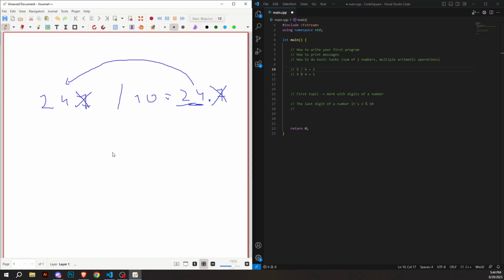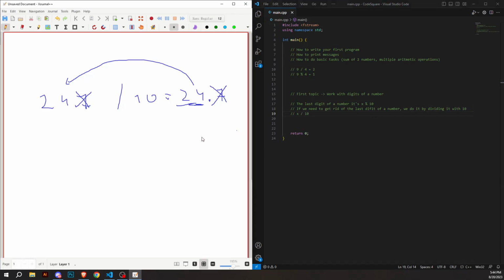So if we want to remove the last digit of a number, we divide it by 10. X divided by 10.